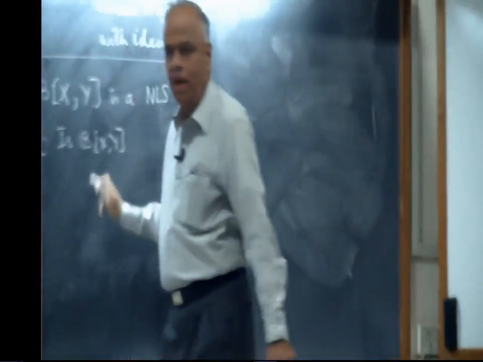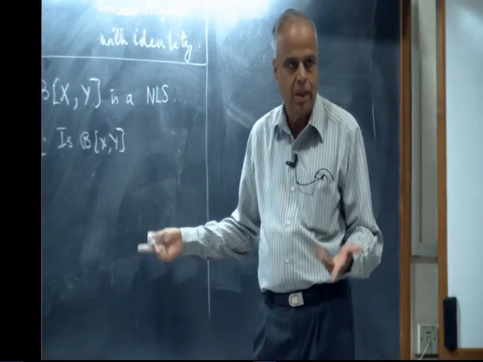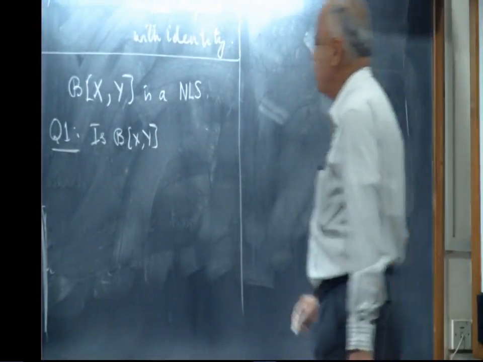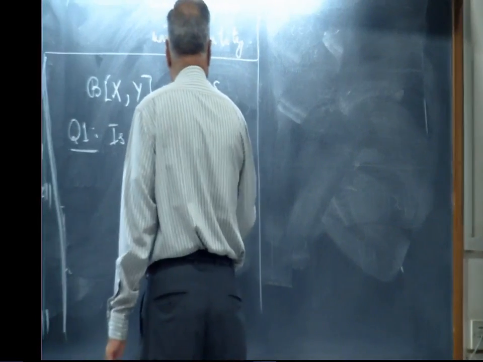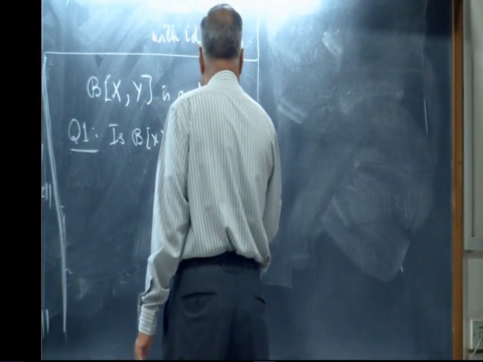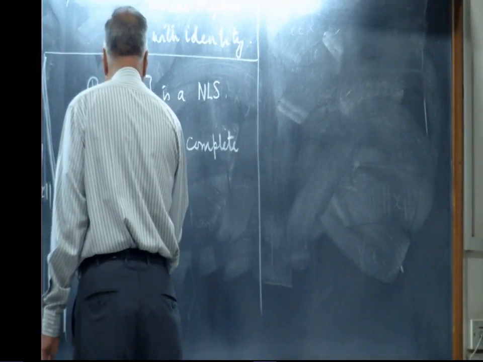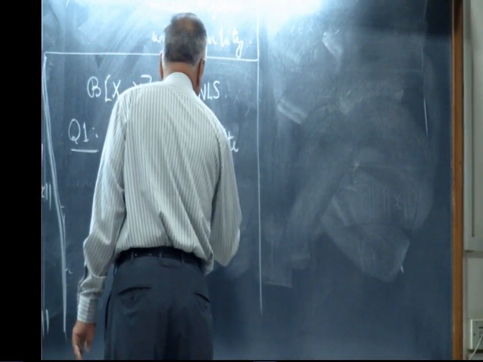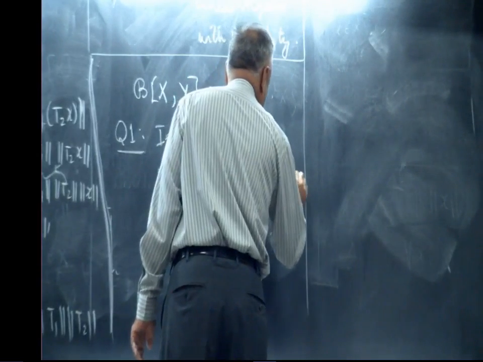Similar questions will be asked when X is equal to Y; we can take X equal to Y and look at operators also. Is B(X,Y) complete, that is, is B(X,Y) a Banach space?